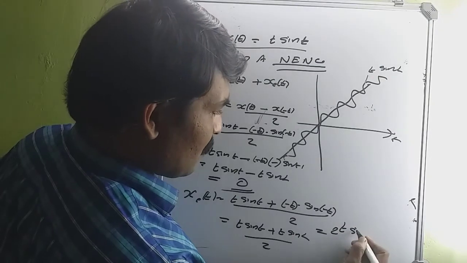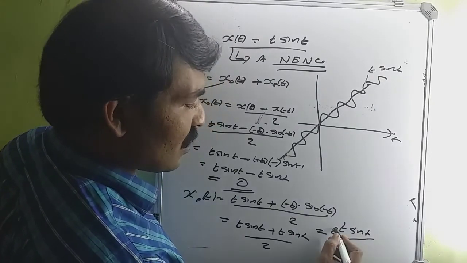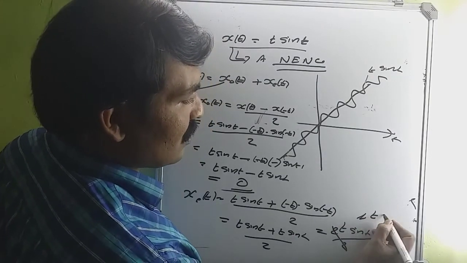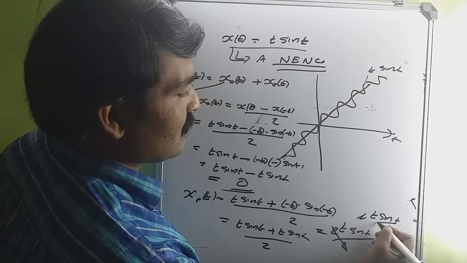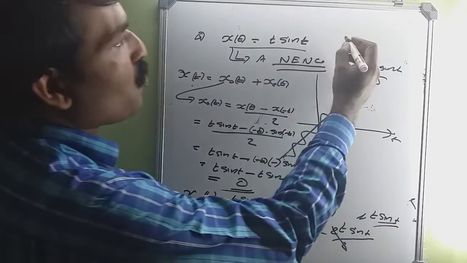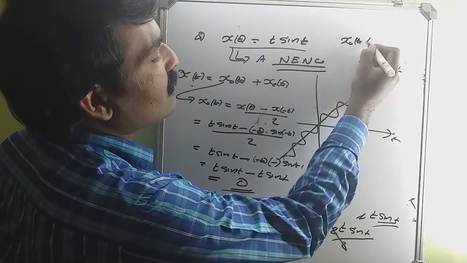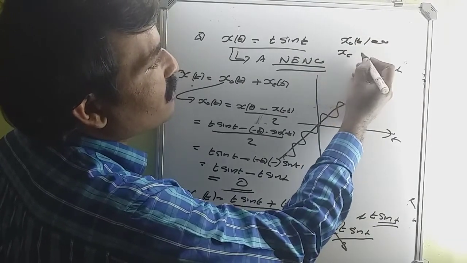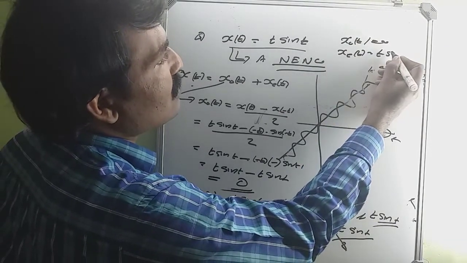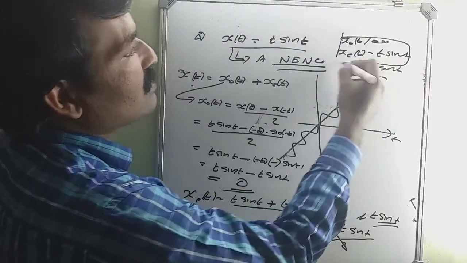That is t sin t by 2 plus t sin t by 2. The 2 and 2 cancel, so that is equal to t sin t. That is, the odd portion of the signal is equal to 0 and the even portion of the signal is equal to t sin t. But this is a neither even nor odd signal.